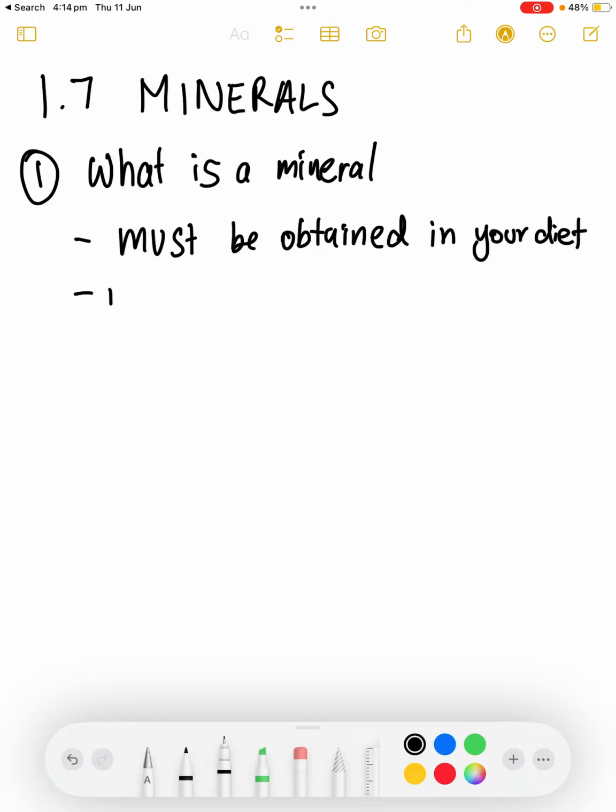Okay, and they are also inorganic compounds. Okay, they are found on the periodic table, and if they're inorganic, they don't usually contain carbon, hydrogen, oxygen as well.